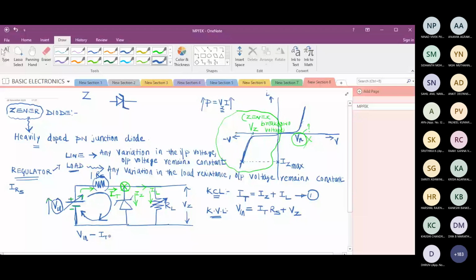After this drop, am I getting potential across the Zener diode, provided it is in breakdown region, provided it is conducting? So can I write minus VZ, the voltage across this diode? So finally I reached this point. What is the voltage at this point? It is sitting at negative potential. Can I equate this to 0?